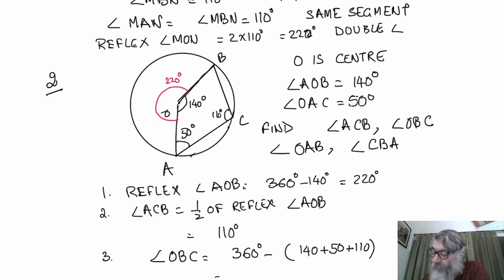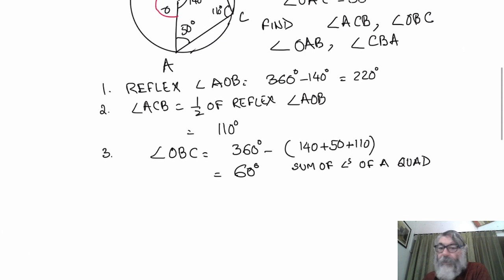So this will come out to be 60 degrees. The reason being the sum of the angles of a quadrilateral.